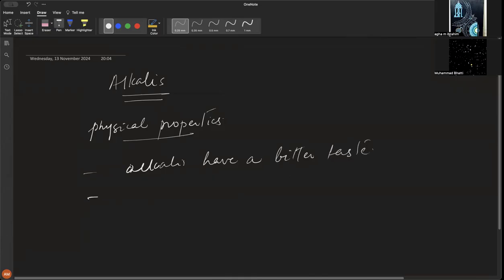Bitter taste. Secondly, alkalis can turn red litmus blue.